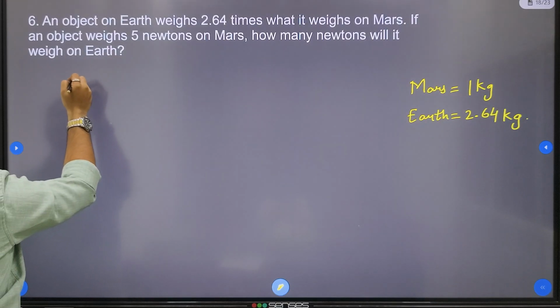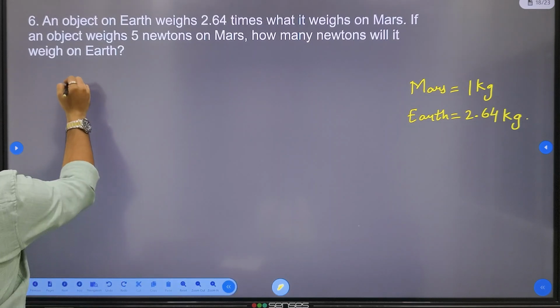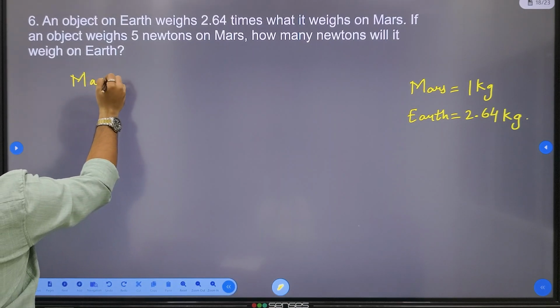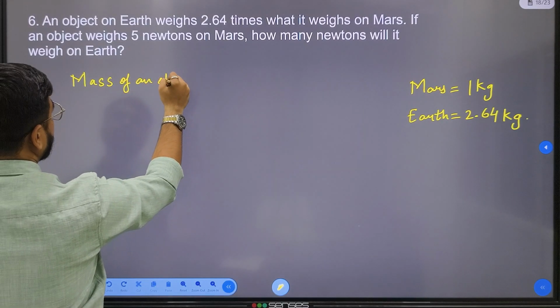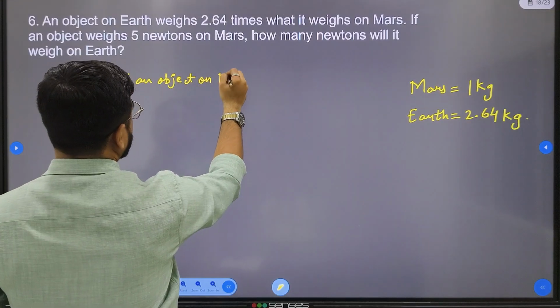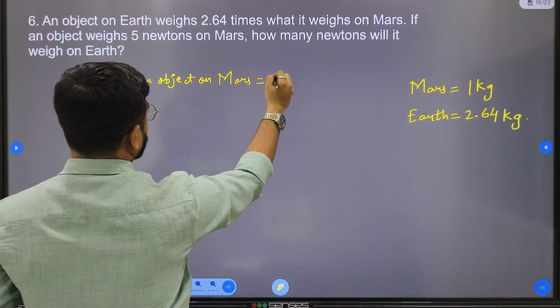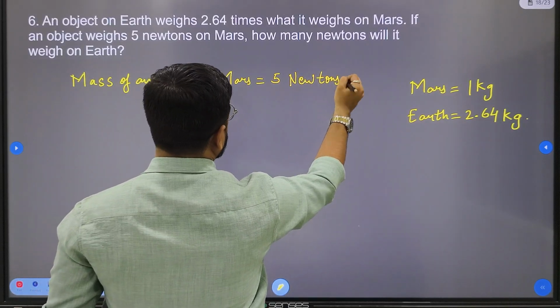Weight of an object on Mars is 5 newtons.